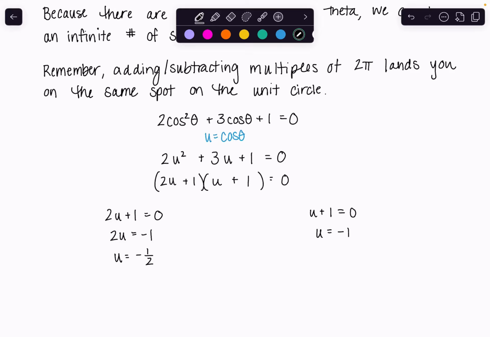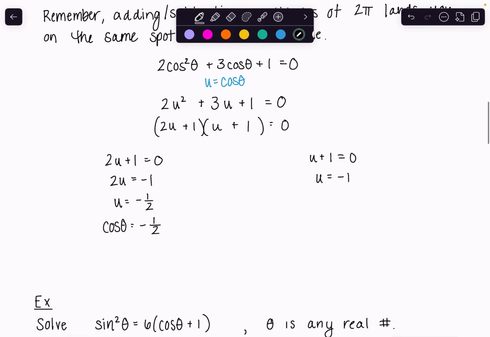So again, this gives me u, but my u is cosine of theta. So this is the same thing as saying cosine of theta is -1/2. So I'm going to start by finding my 2 key values where that's true. So for cosine to be negative, we would have to be on the left half of the unit circle.